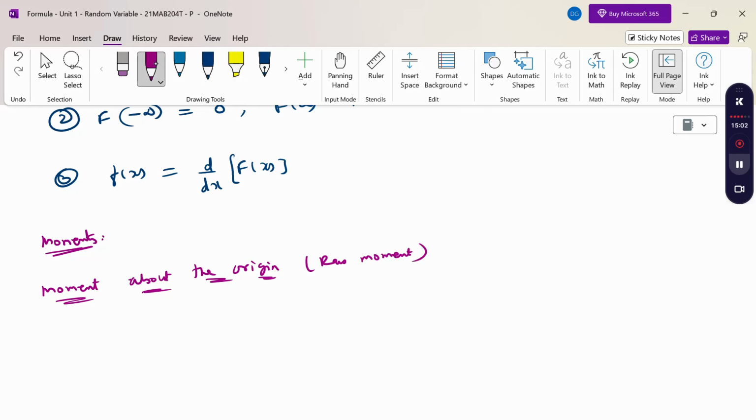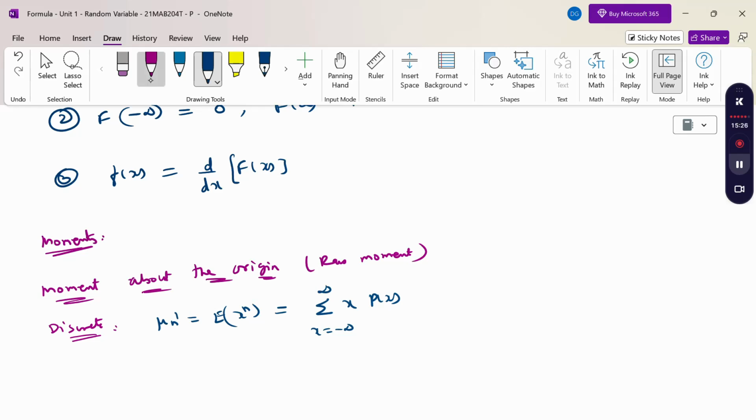For the discrete case, mu n dash equals the expectation of x power n, the summation of x power n p of x, with x from minus infinity to plus infinity. This is the mu n dash, as usual the mean.